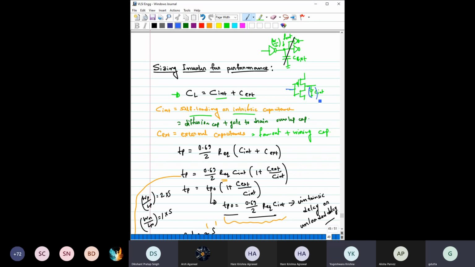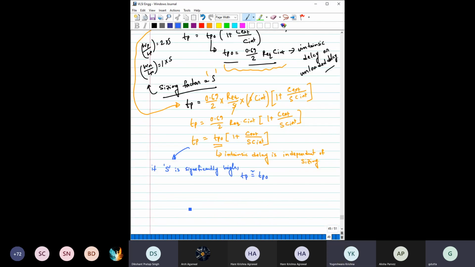Because we have seen from here that when S is very large, then Tp will become equal to Tp naught, right? And we have also seen this Tp naught, this intrinsic delay, does not depend on the sizing, right? Then what do you think might be restricting us from doing so?